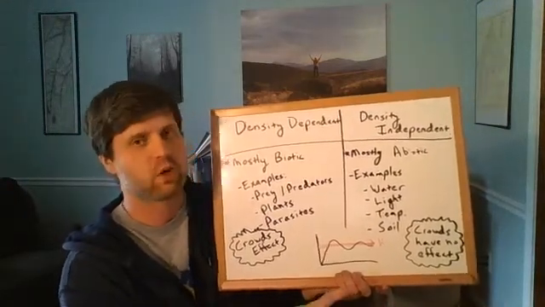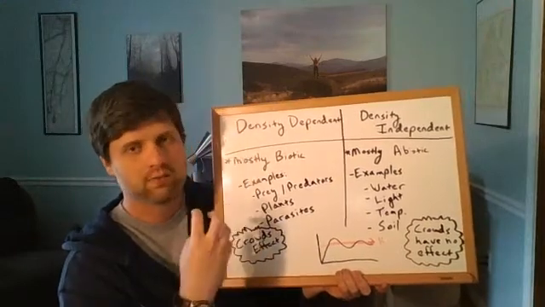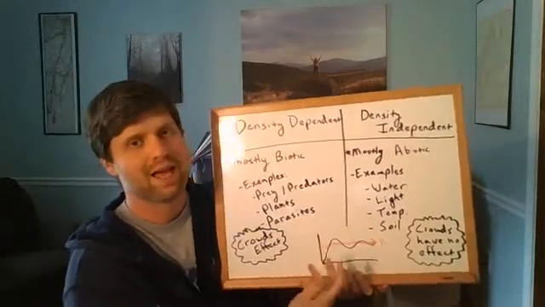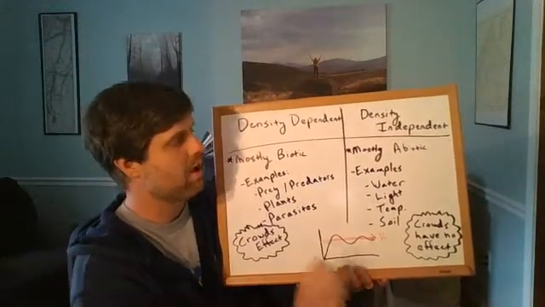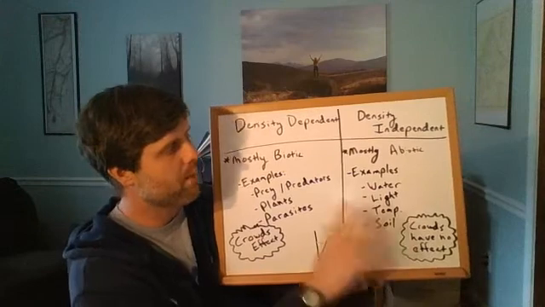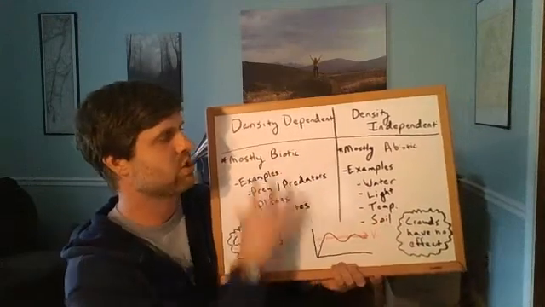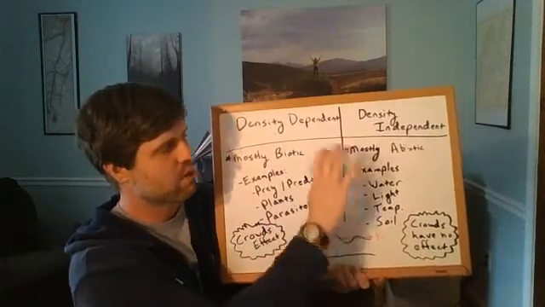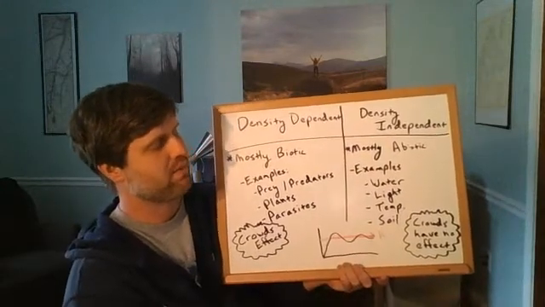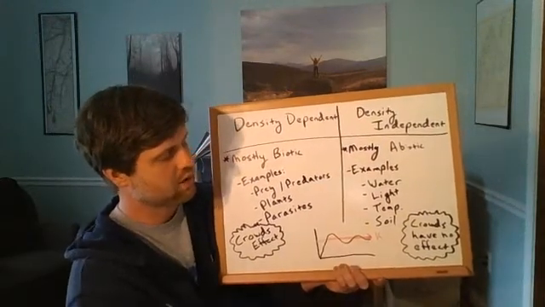It doesn't matter if you're crowded in a city or if you are out in the middle of nowhere, you're still going to be affected by a natural disaster. Now, there are exceptions to these rules, but most abiotic factors are density independent. Doesn't matter if you're crowded or not.